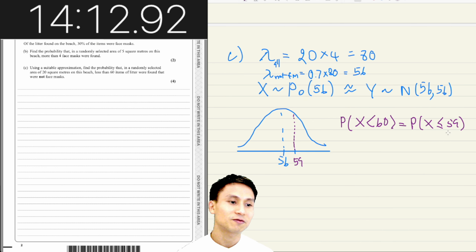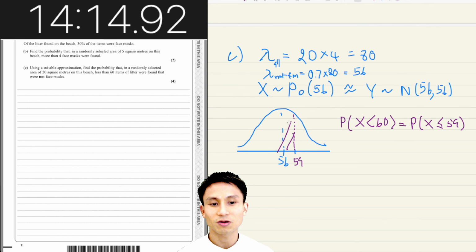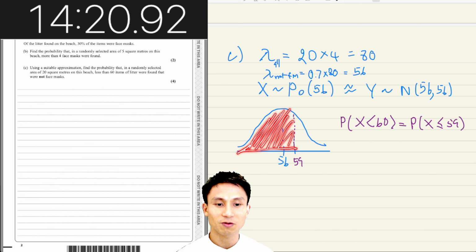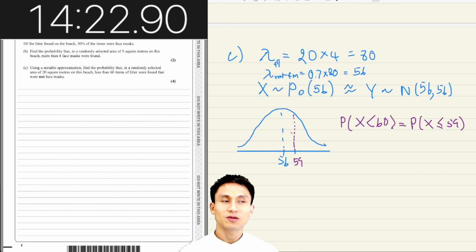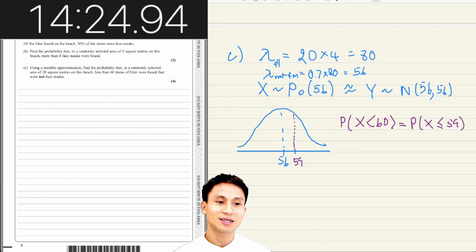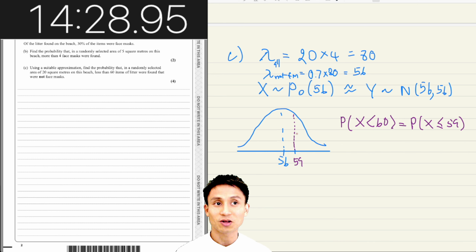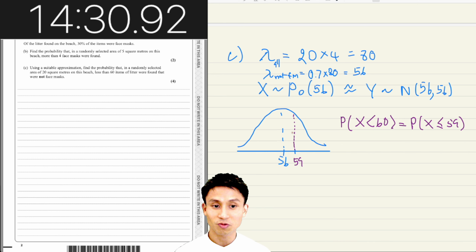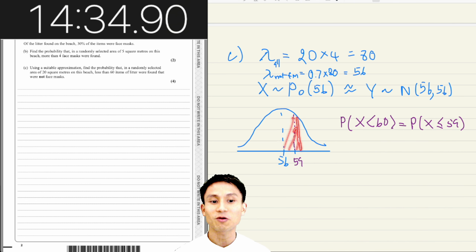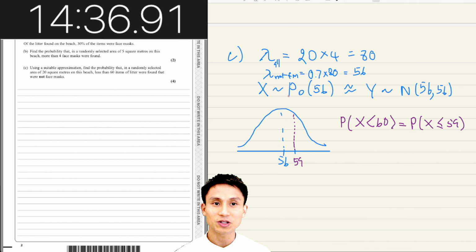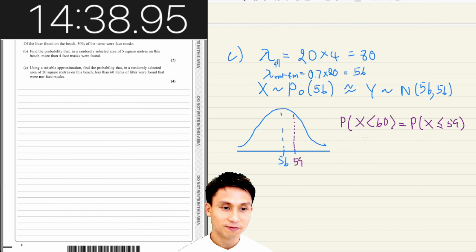Now, once you have this, you think a bit about what area am I looking at? It's the area to the left of that. The technique, just to come up with how you deal with the continuity correction, do you add 0.5 or minus 0.5? The result should be such that you get a little more area. So you got to move it to the right a bit by 0.5.